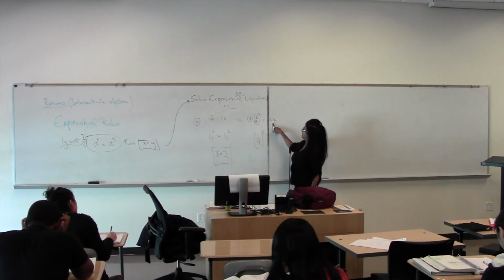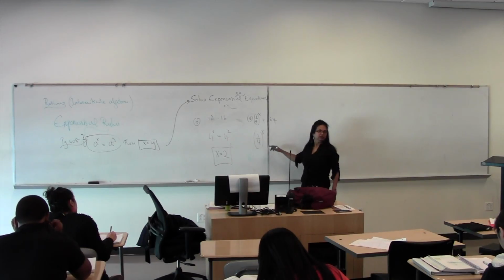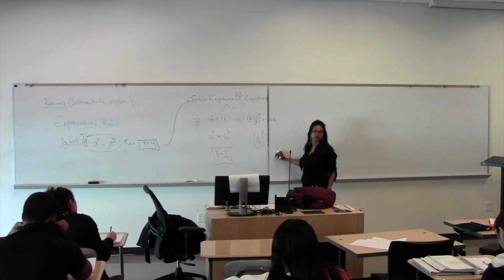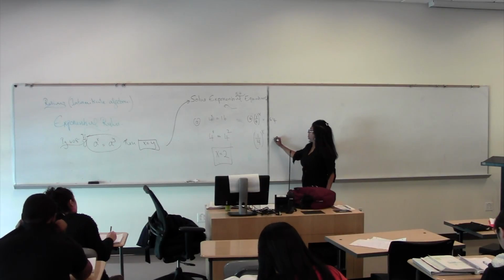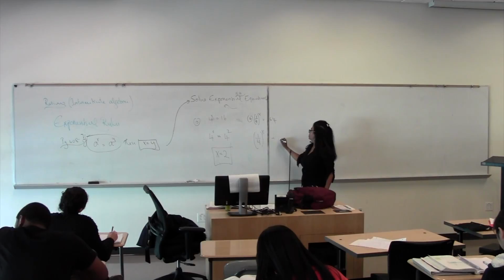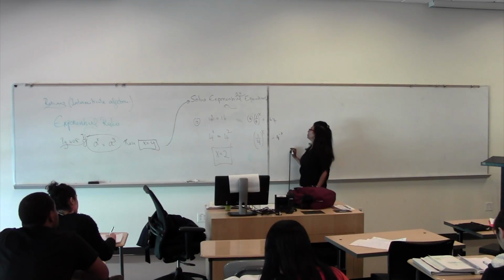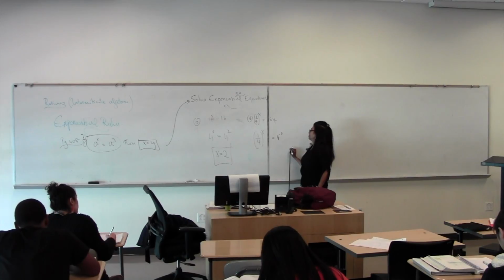We need to write this in terms of 1/4 to the power. So we are going to write this as what? 4 to the negative 3. Oh, wait, no. What is 4 times?